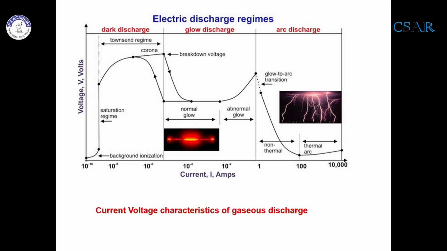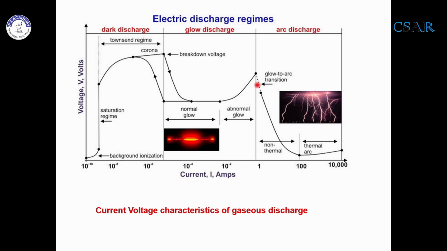Now, depending on how much current you are feeding into the system, the plasmas can be defined, particularly the laboratory plasmas. The Townsend discharges, etc., are dark discharges at very low current density. But in the normal glow, the current density is of the order of 10^-4 ampere to 1 ampere.